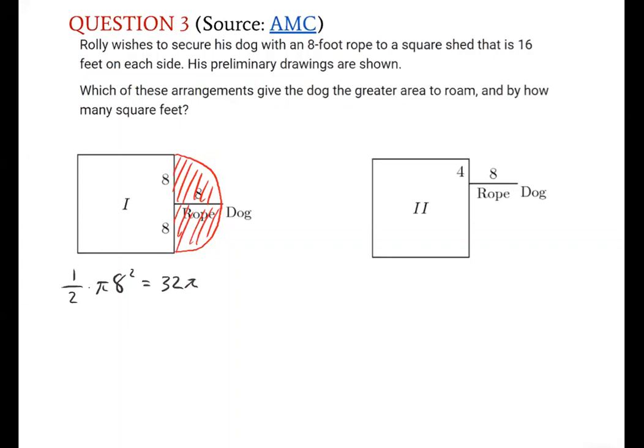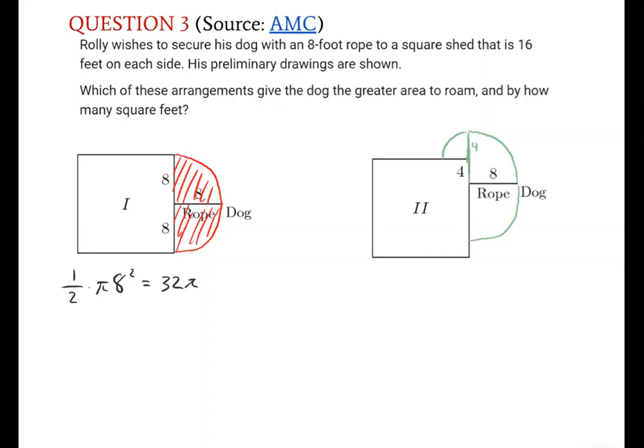For this next situation, this rope will form a quarter circle like this, and on the other side it will hit the end of this side, and then from here only 4 feet of the rope will continue to move and form a quarter circle.